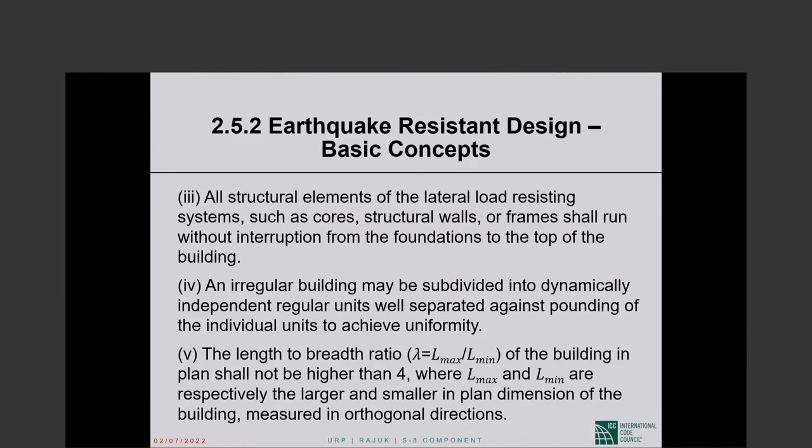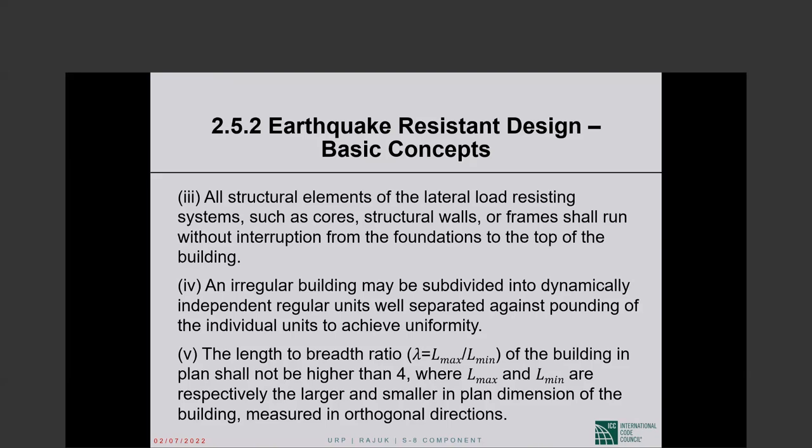Every owner in the world wants the lowest stories of their building kind of open for commercial reasons. And then the upper parts typically are offices, hotels, apartments, whatever.